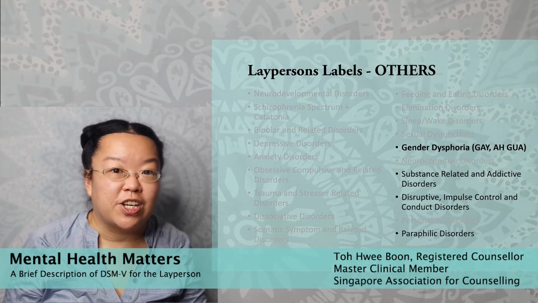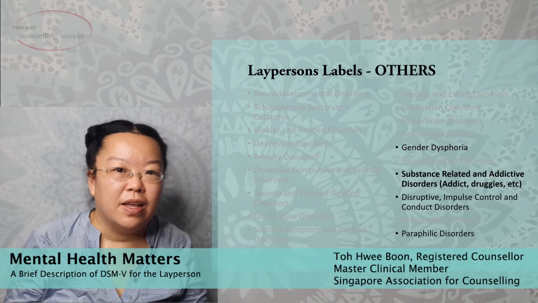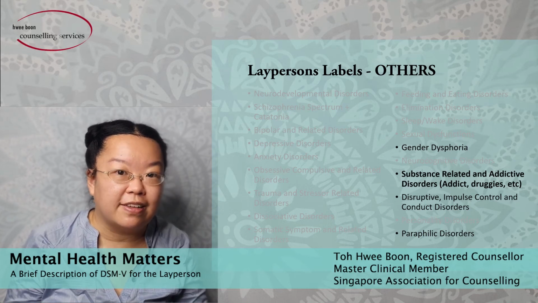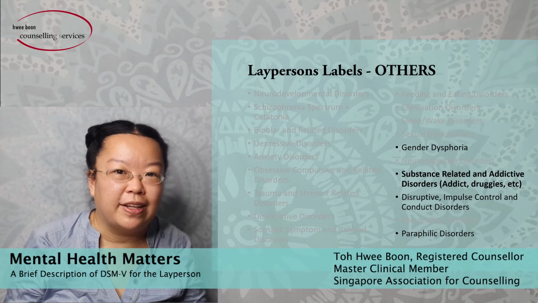So like people with gender dysphoria, they can be known or called as gays or aquas in Singapore. Those with substance-related and addictive disorders are known as addicts or druggies or gamblers or alcoholics.